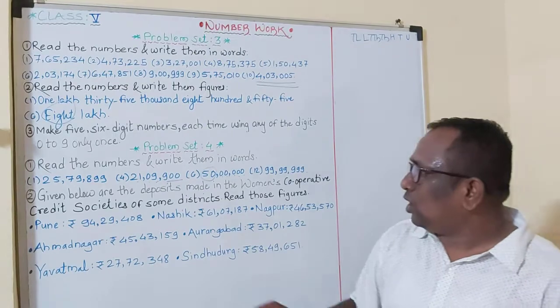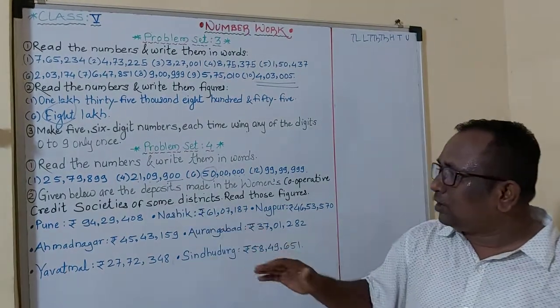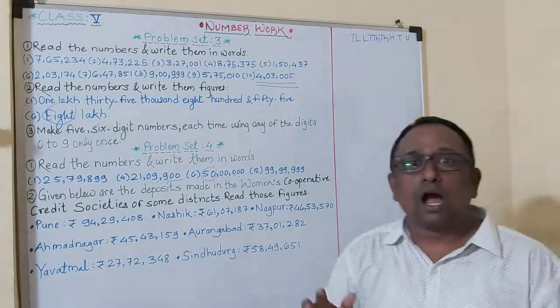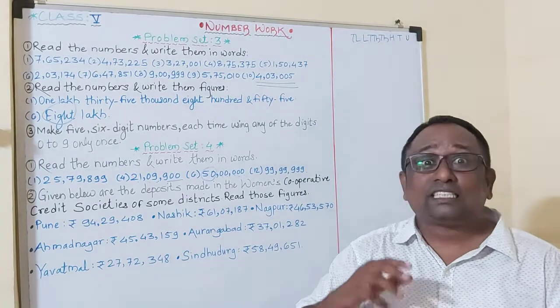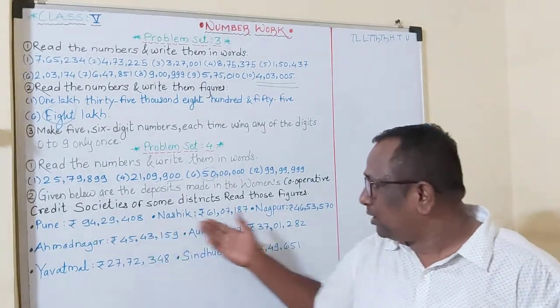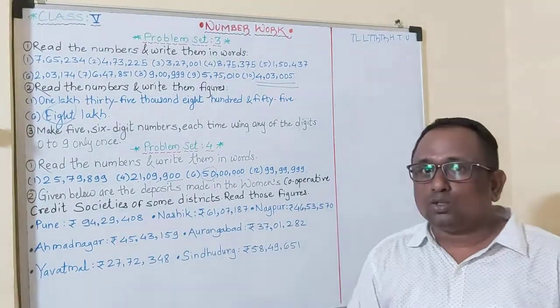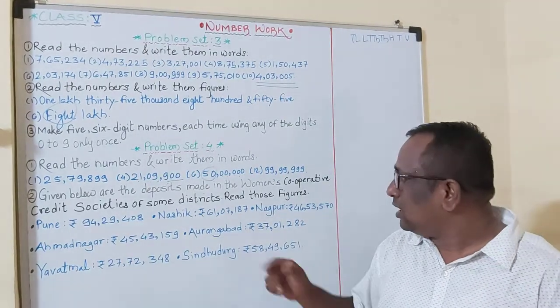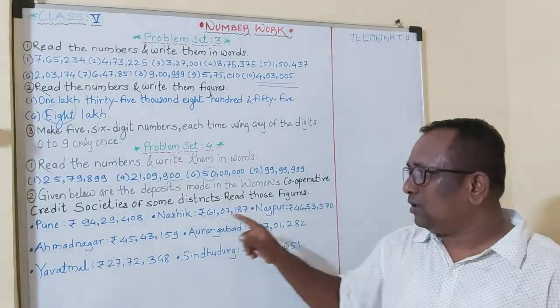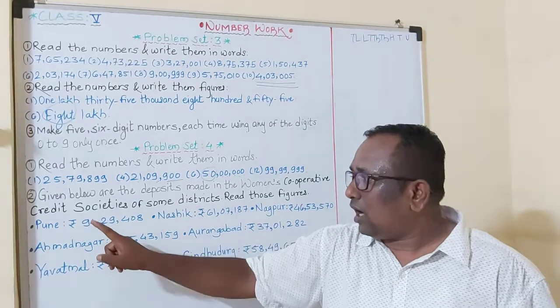So they deposit some amount district-wise. Here the names of districts and the amounts are given. So what do we have to do with this? Read those figures.